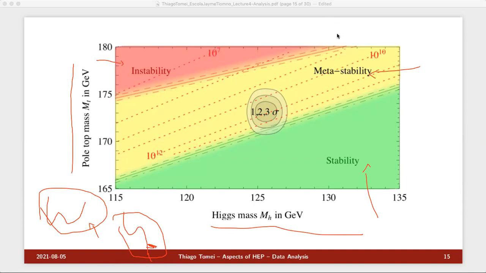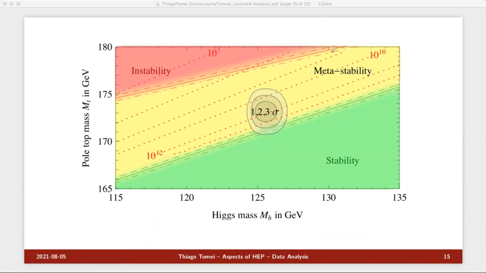What does metastable mean? Metastable means that, yes, it's unstable, but the time that the vacuum destabilizes is larger than the age of the universe. So we're fine.